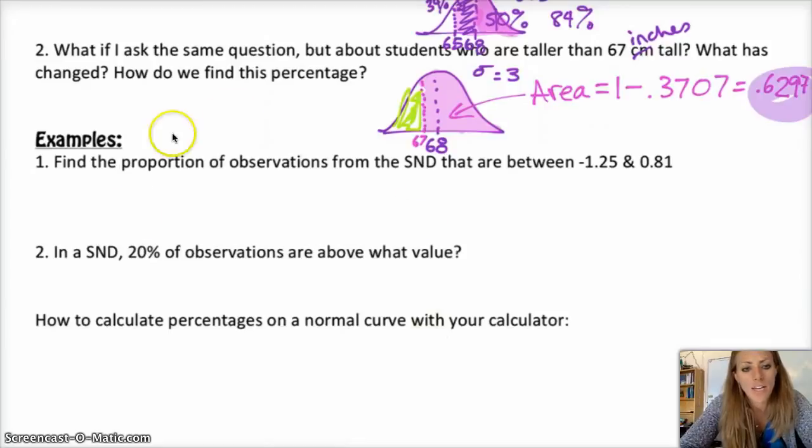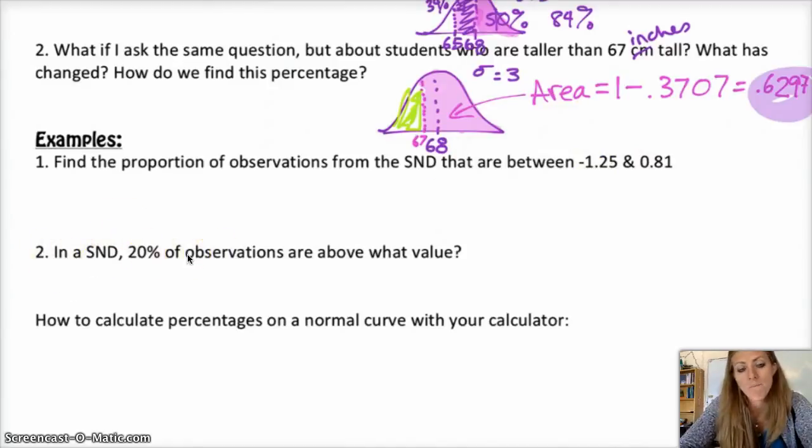Go ahead, try these next couple examples on your own. Number 1: find the proportion of observations from the standard normal curve that are between negative 1.25 and 0.81. That's just going straight to the standard normal curve. You don't even have to find the z-score, because those are the z-scores. Number 2 is a different question.